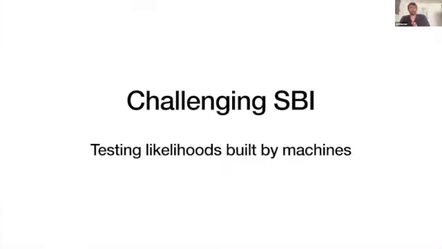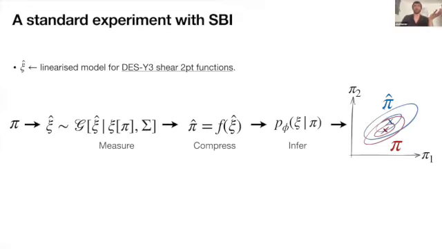So now I'll talk a little bit about how we challenge SBI and test these likelihoods that we fit with these generative models. So, what we do here is just a very standard experiment with SBI. Starting from the left, in one of these many repeated experiments, we sample some true parameters pi. We measure a data vector from the true likelihood, given the true data covariance and the true model evaluated at the true parameters.